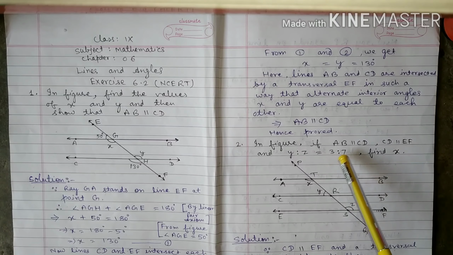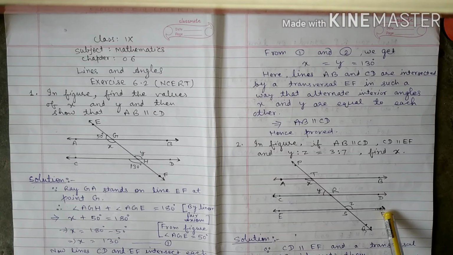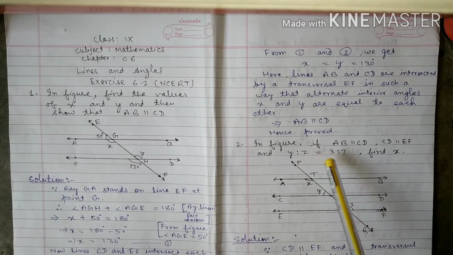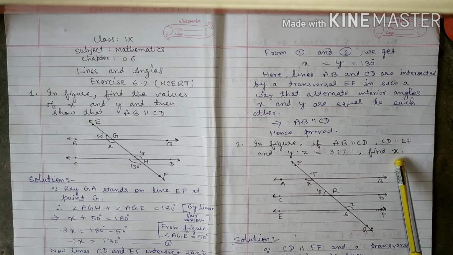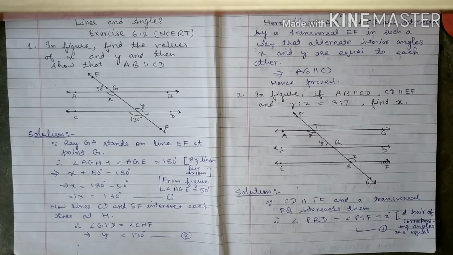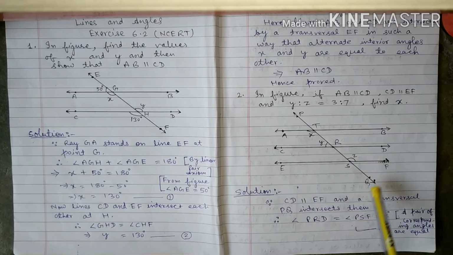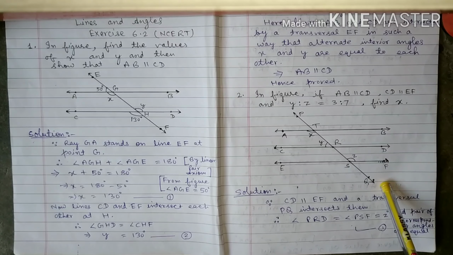In this question, AB parallel to CD, CD parallel to EF, and y is to z equals 3 is to 7. Find x. In this question, CD parallel to EF and a transversal PQ intersects them.